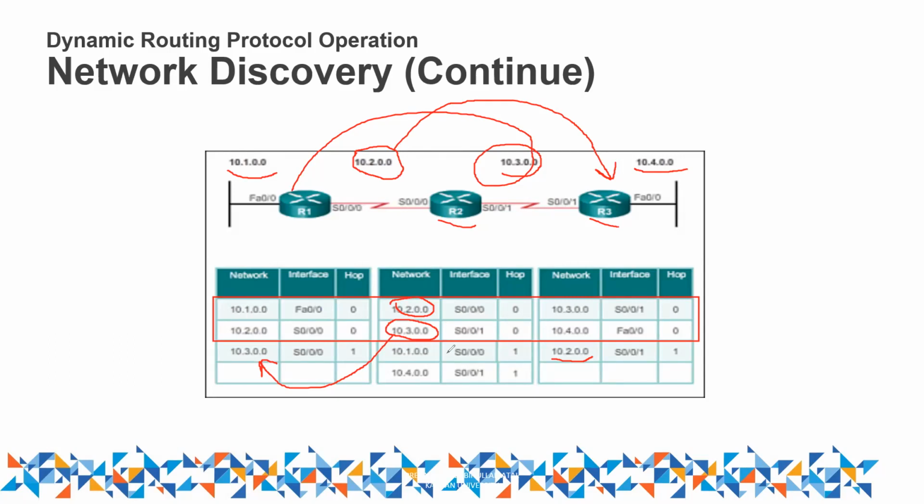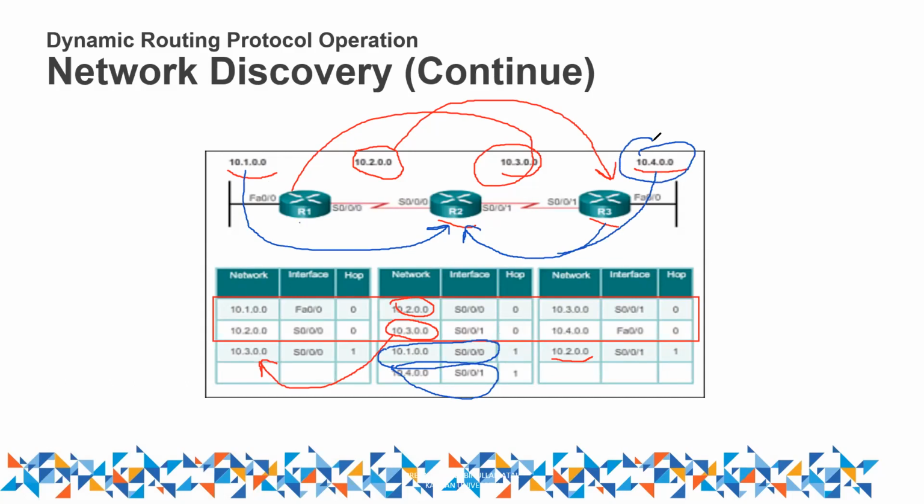Let me change the color to blue. Now you can see here 10.1.0.0. Who told them about this network? R1. So R1 shared the information with R2, and you can see here 10.4.0.0. This information is shared with R2 by R3. And now R2 has the idea of this network.